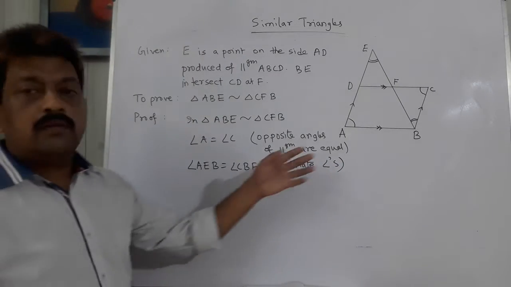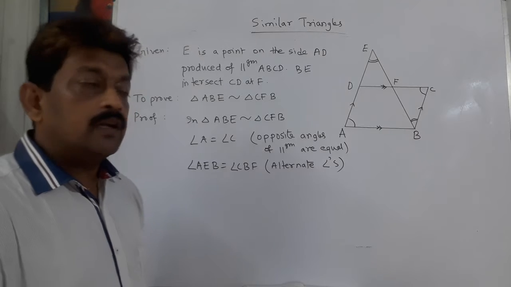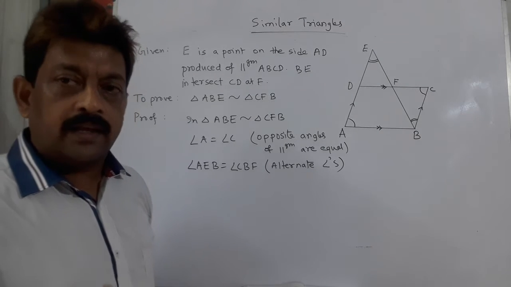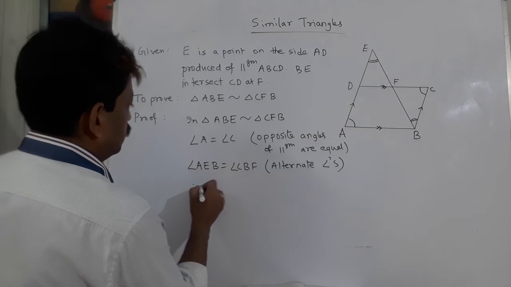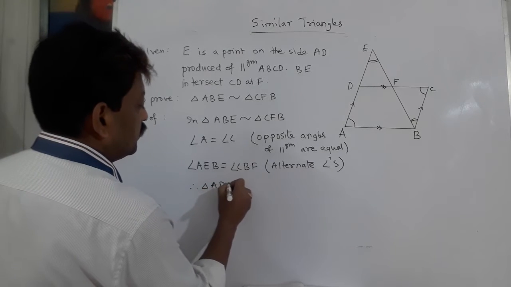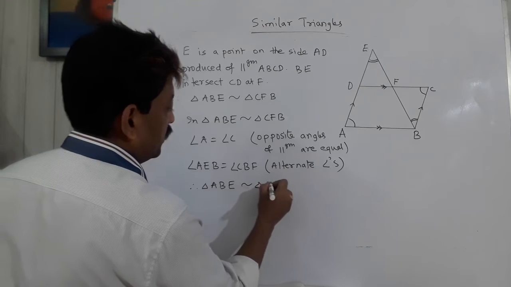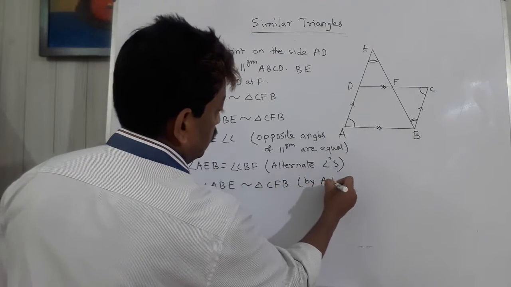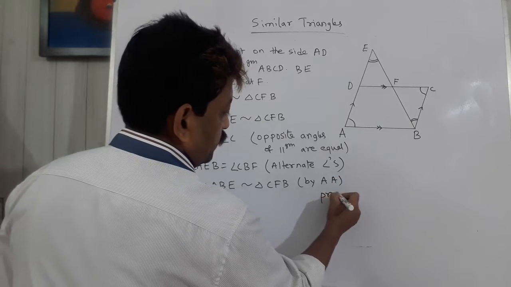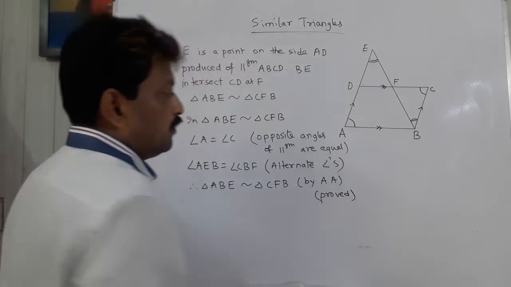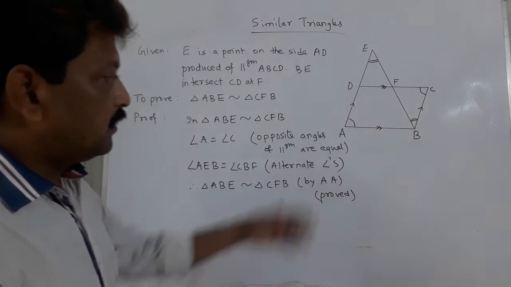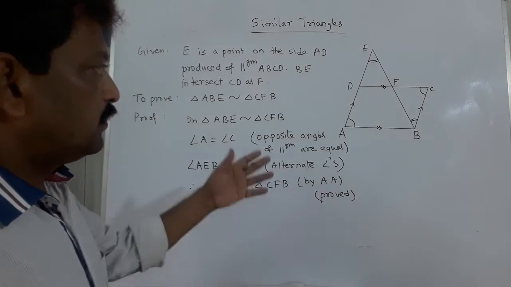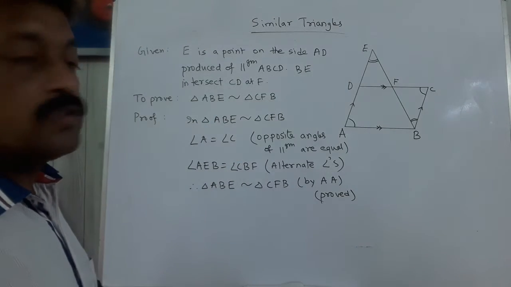So two angles are equal. That means these two triangles are similar by the AA property. Therefore, triangle ABE is similar to triangle CFB by AA. So this is proved. This was a very easy sum, and if you practice it once or twice, you can easily do it by yourself. Just try to understand the concept.